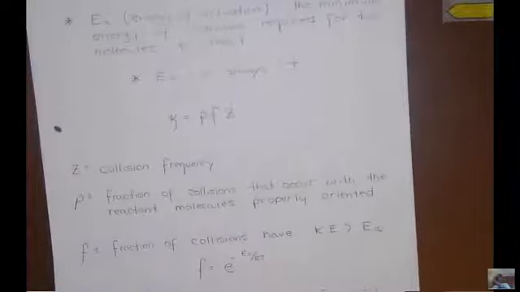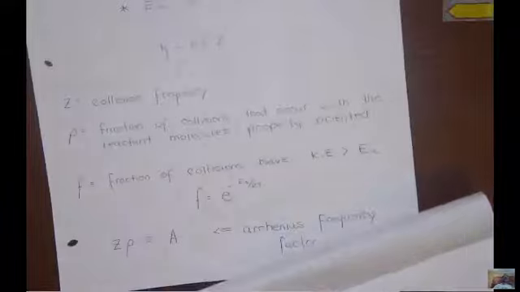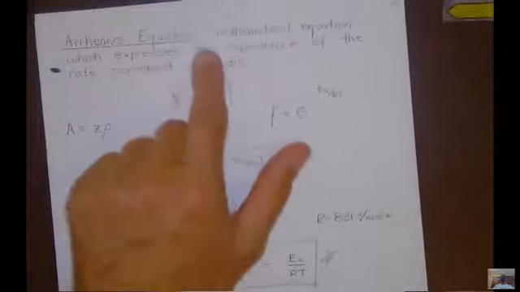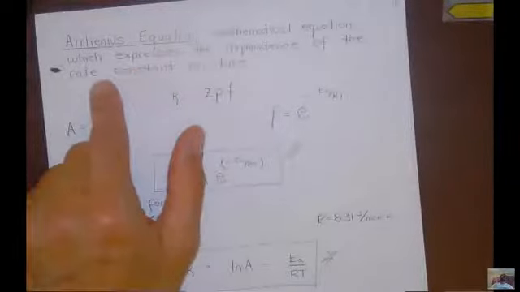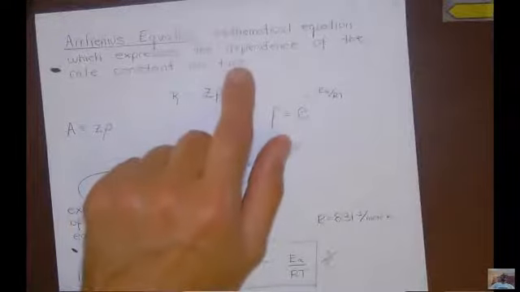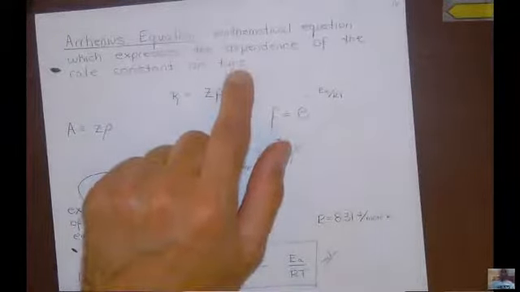Okay? All right, let me just write this down for you here, and then we'll move on to the next page. Let's see what the next page looks like. Okay, I did it over here, so this is good enough. All right, so this is called the Arrhenius equation. We're going to derive it. It's the mathematical equation which expresses the dependence of the rate constant on, this is not time, this should be temperature.